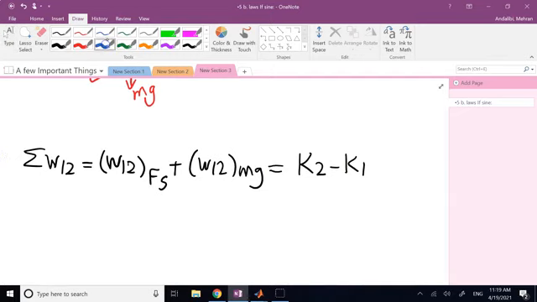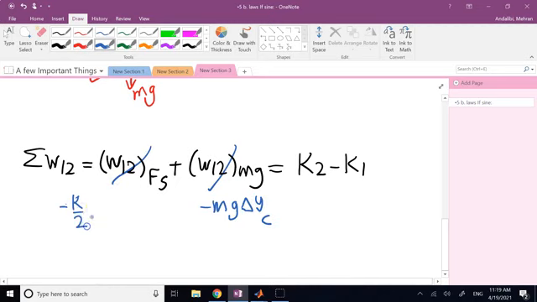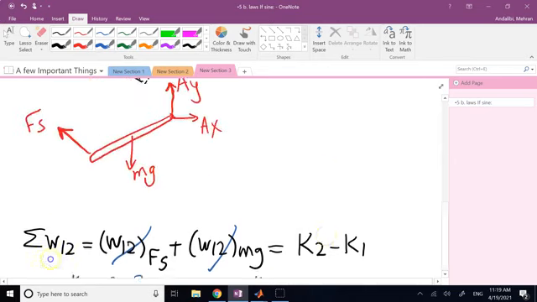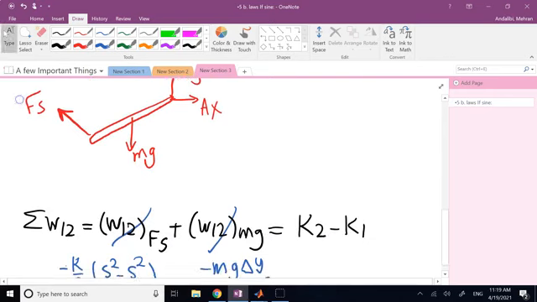Now we know the formula for mg is negative mg delta y of the center, and for spring force is negative k over 2 times s2 squared minus s1 squared, where s here is deflection. And for a pure rotation about an off-center point, K1 is 0 because you start from rest. K2 is 1/2 times I about point A times omega 2 squared.